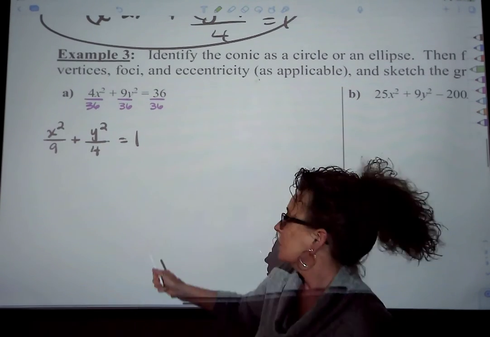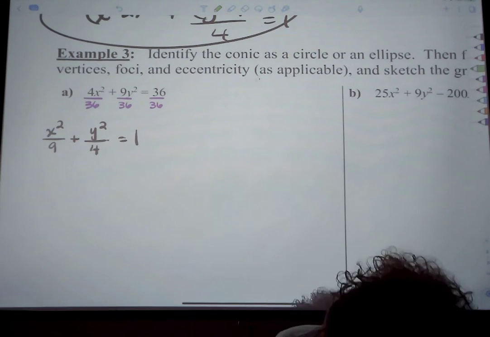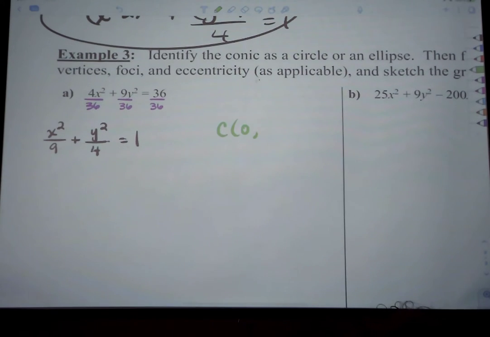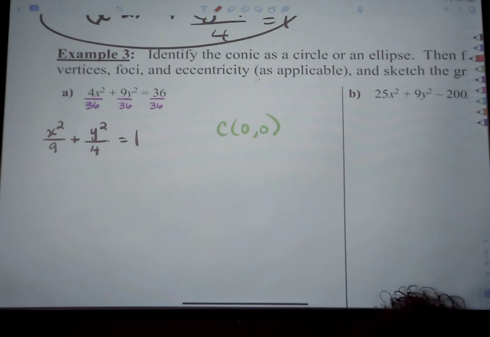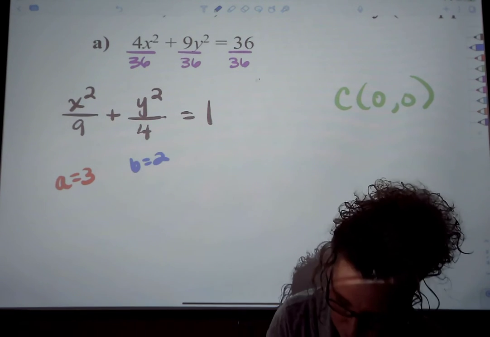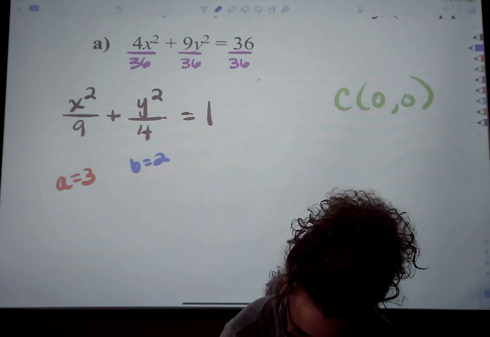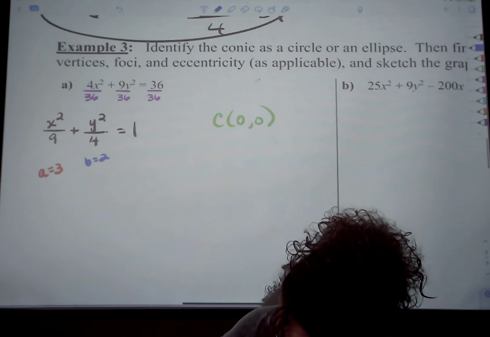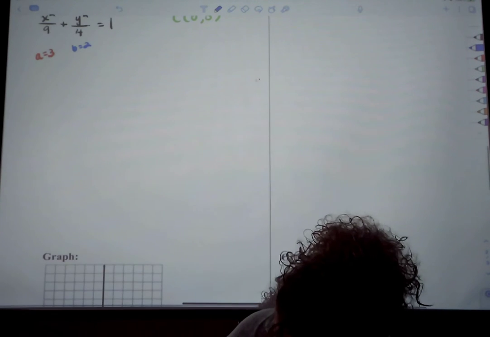Okay. No parentheses here, so my center is at 0, 0. A is 3. B is 2. I'm going to go down here and, oh, I wish that wasn't so far down.